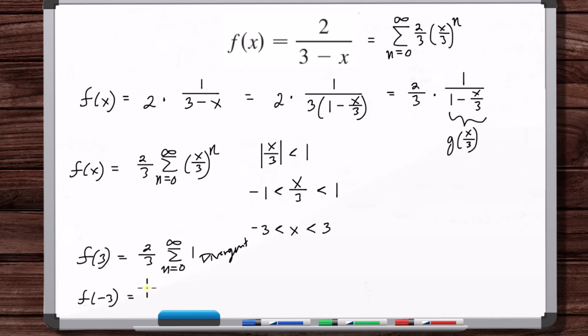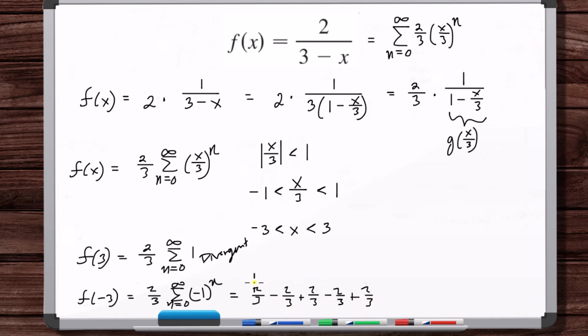Minus 3. This is going to be minus 1 to the n. This is also divergent. You're just oscillating. I think it would start at 2/3, minus 2/3 plus 2/3 minus 2/3 plus 2/3. You might say, well, does this converge to 0?